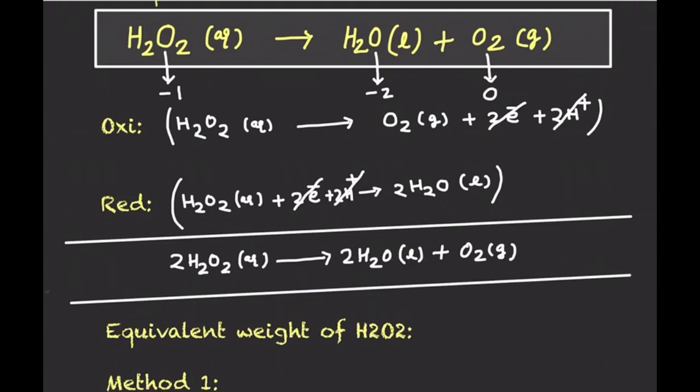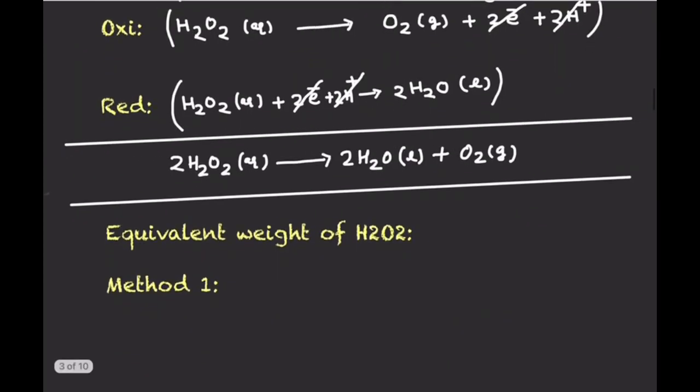Like here, there are 2 methods to calculate the equivalent weight of H2O2, because here H2O2 is participating in oxidation as well as reduction. So we can use the first method, and according to the first method we'll find the N factor as the number of electrons participating corresponding to 1 mole of that chemical species. So here H2O2 is going through oxidation as well as reduction.